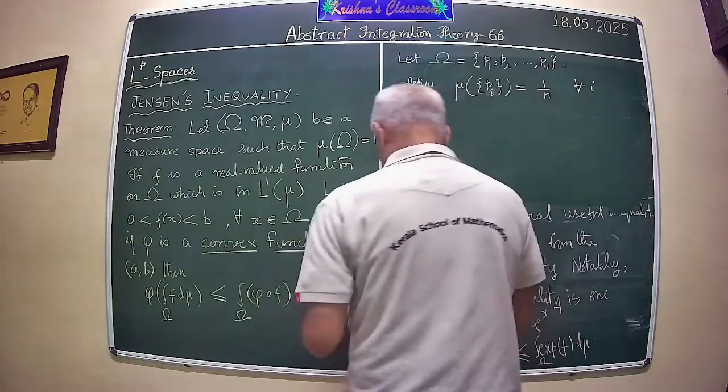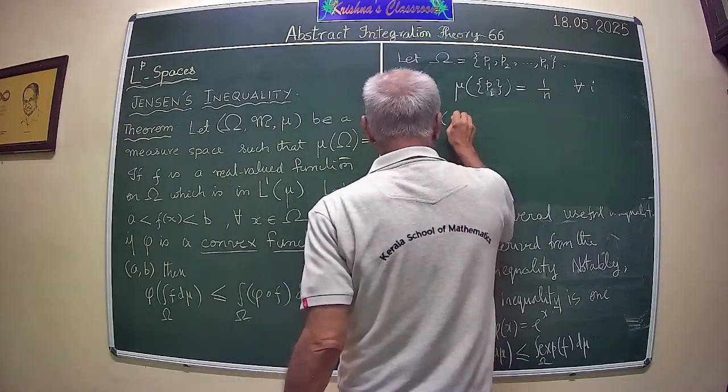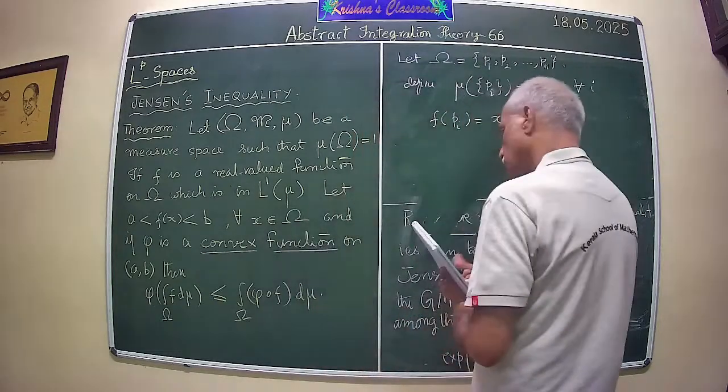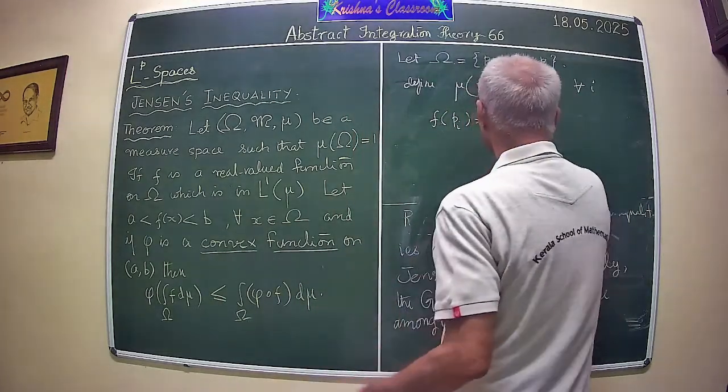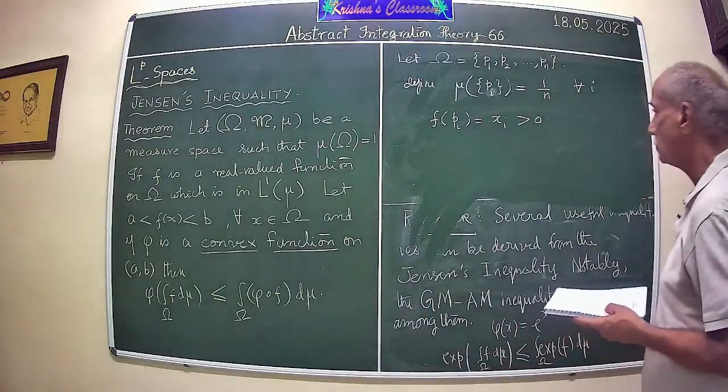So you also take f of p i equal to x i, which is non-negative, for each i.